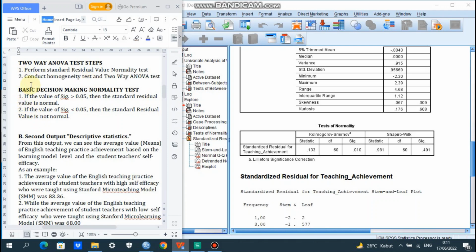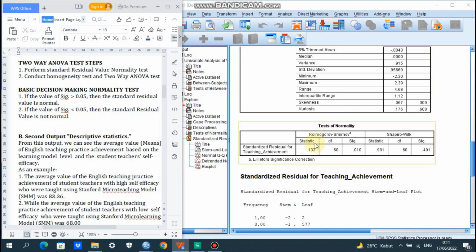The first rule, if the significance value is more than 0.05, we can say that the standard residual value is normal. And rule number 2, if the significance value is less than 0.05, we can say that the standard residual value is not normal.